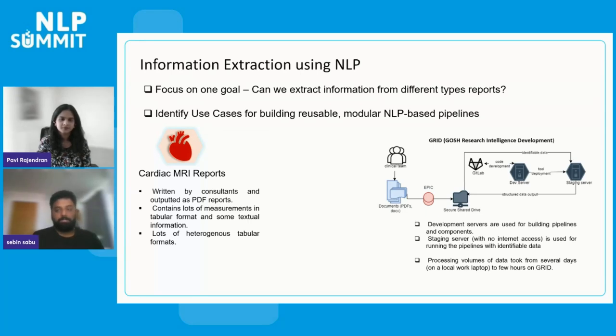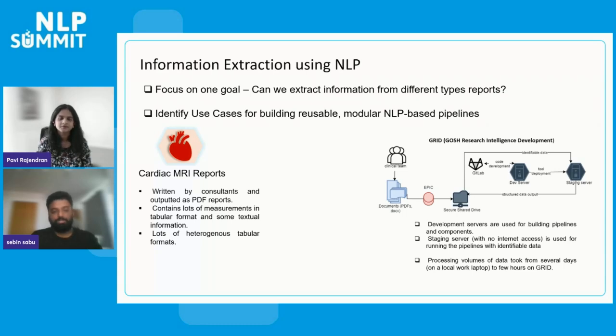So it's impossible for us to do any clinical studies on top of them. One of them is the cardiac MRI reports. It's almost 15,000 reports, which were produced over a period of 10 years by different consultants. So basically, it's consultants creating PDF reports out of their clinical tests and evaluations.